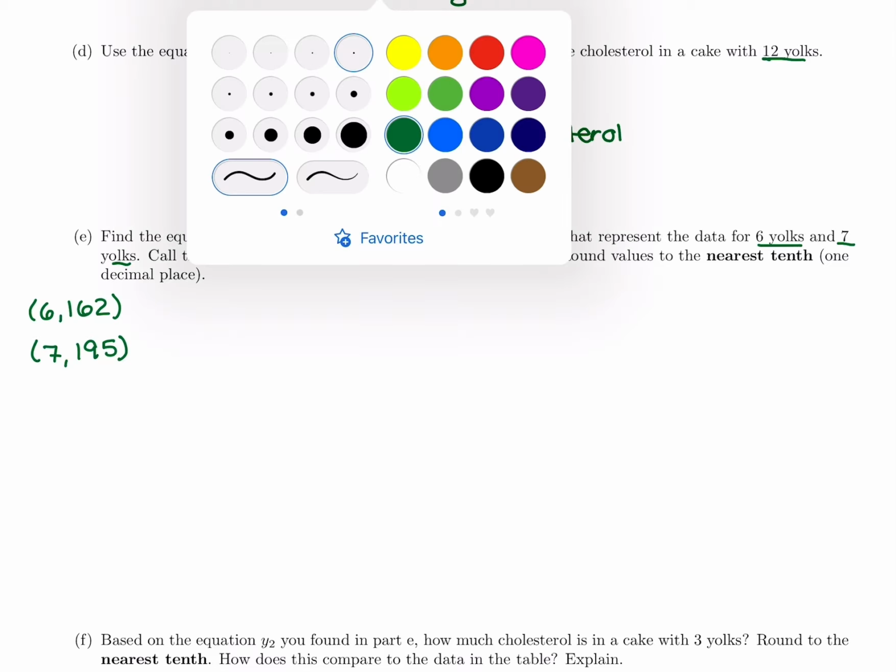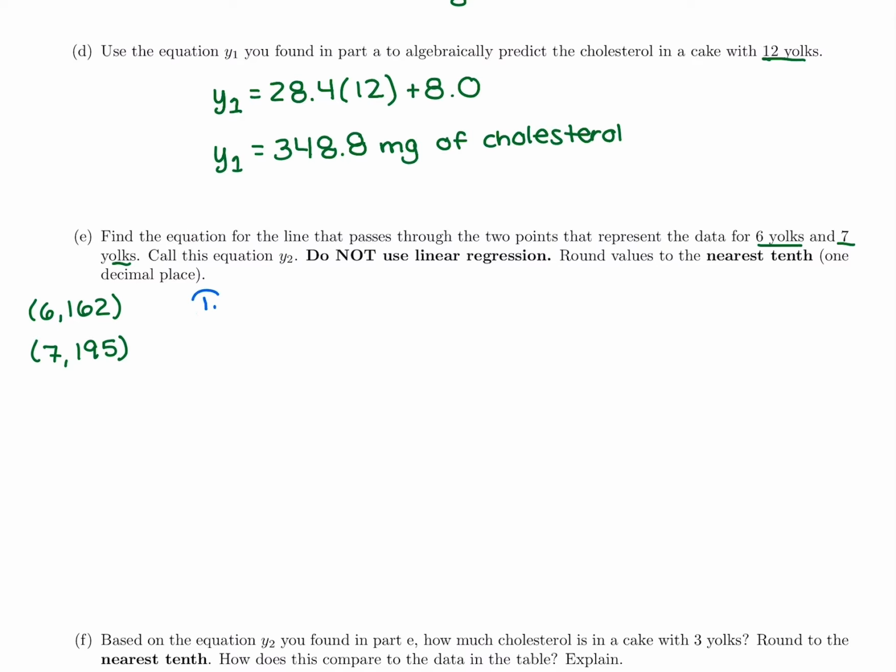So the first part of finding a linear equation is to find the slope: y2 minus y1 over x2 minus x1. So I'll call this x1, y1 and x2, y2 so that we can plug into this equation. So y2 is 195 minus y1 is 162, over x2 is 7 minus x1 is 6.